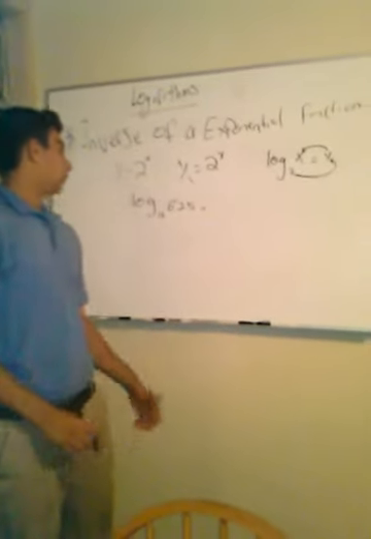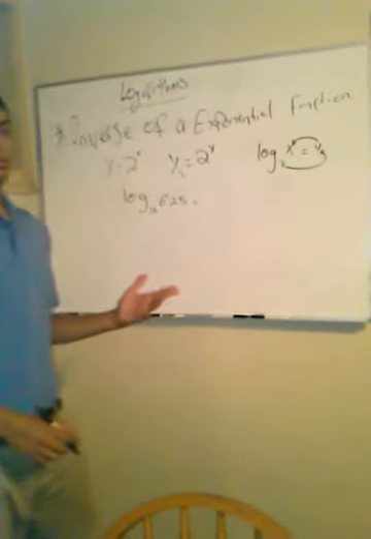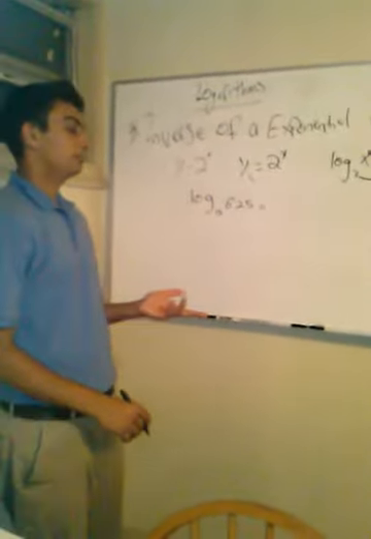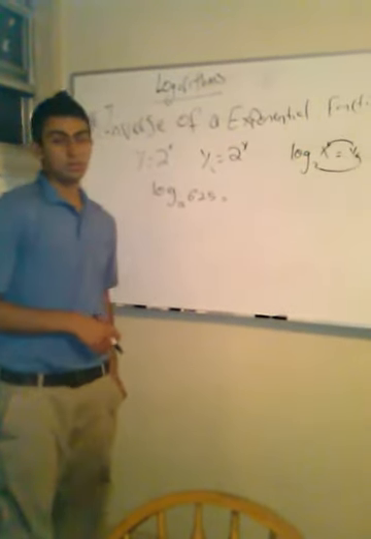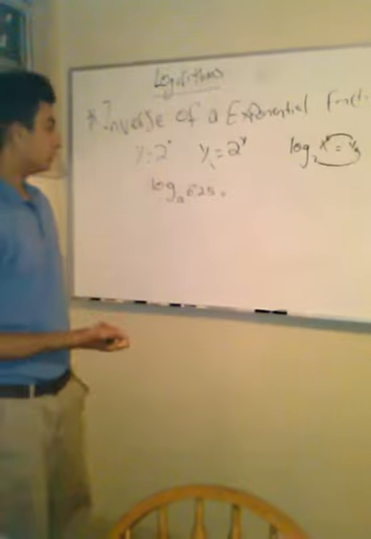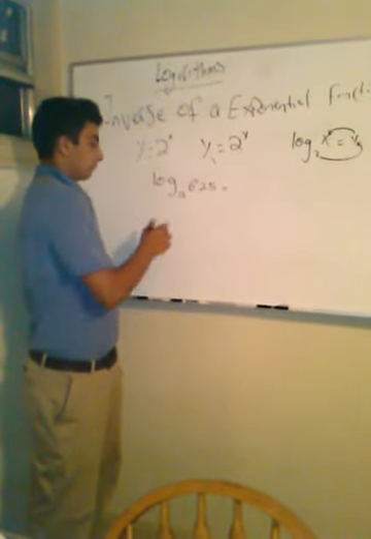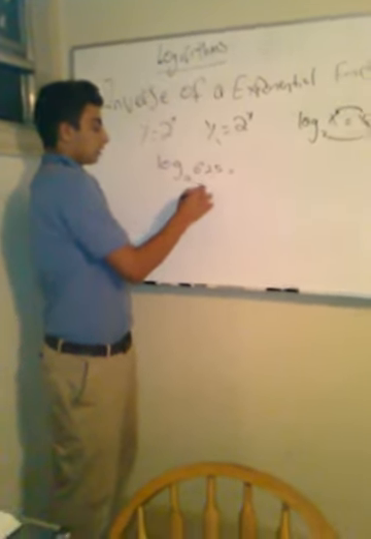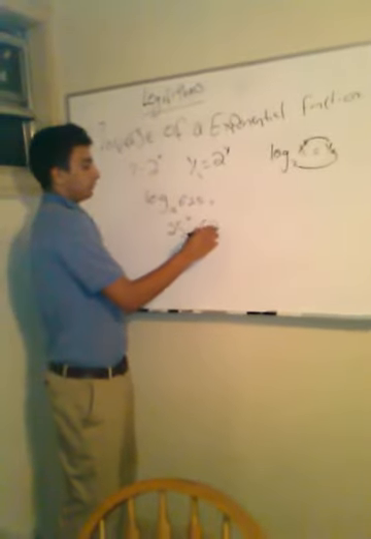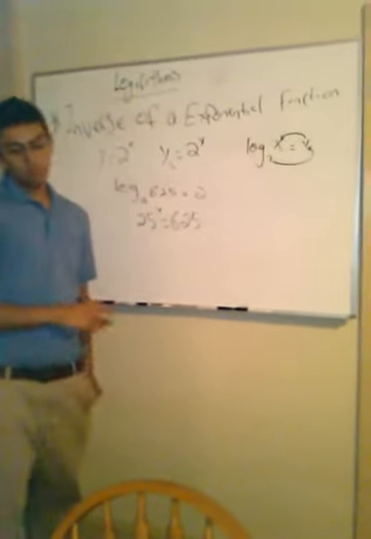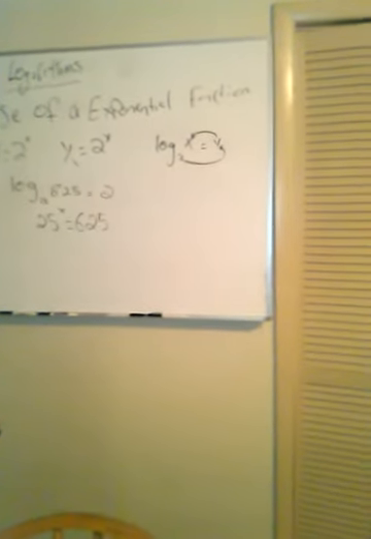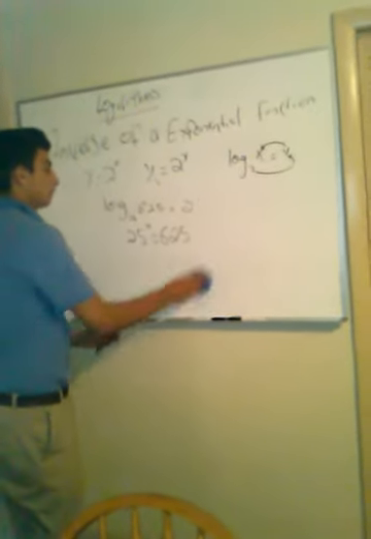Logarithm of 625 with a base of 25. I think this should come pretty easily to you. This should be a familiar number, 625. 25 to the power of x equals 625. And what does x equal? x equals 2.